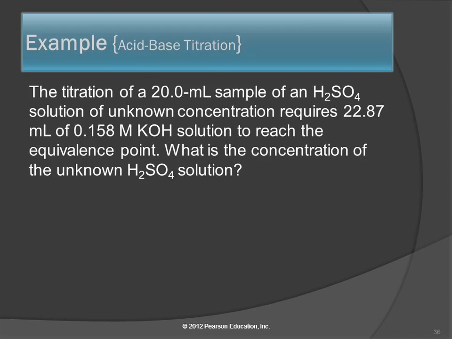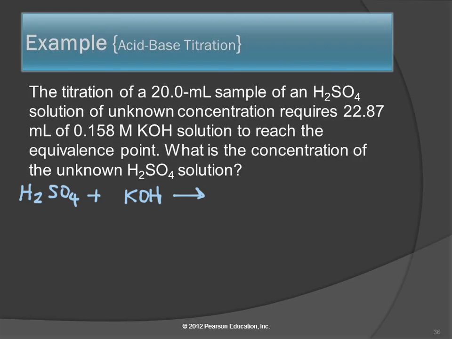Well, we're not given a balanced chemical equation, but it really helps to do a balanced chemical equation. So what are we reacting here? We're reacting sulfuric acid and KOH. And so we should be able to do that. So sulfuric acid, H2SO4, plus KOH.